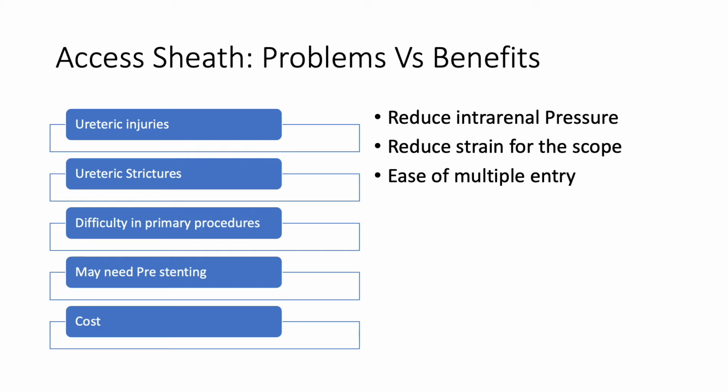Needless to explain the little discomforts we face, like additional time needed for its secure placement and its displacements or slipping, which necessitate its repositioning. What worries us more is the morbidity of patients who develop ureteric strictures.